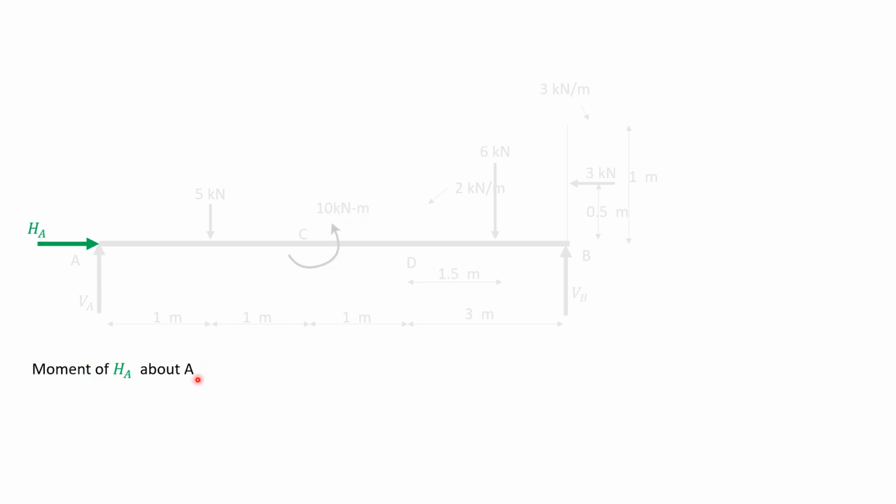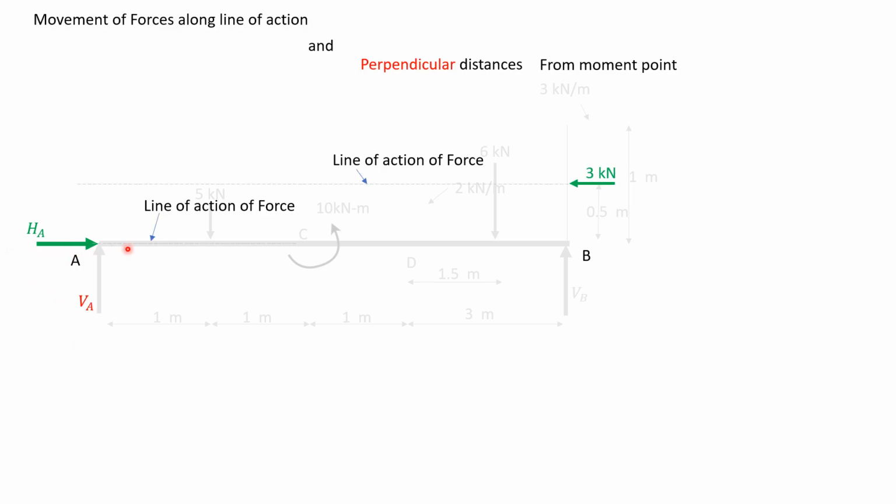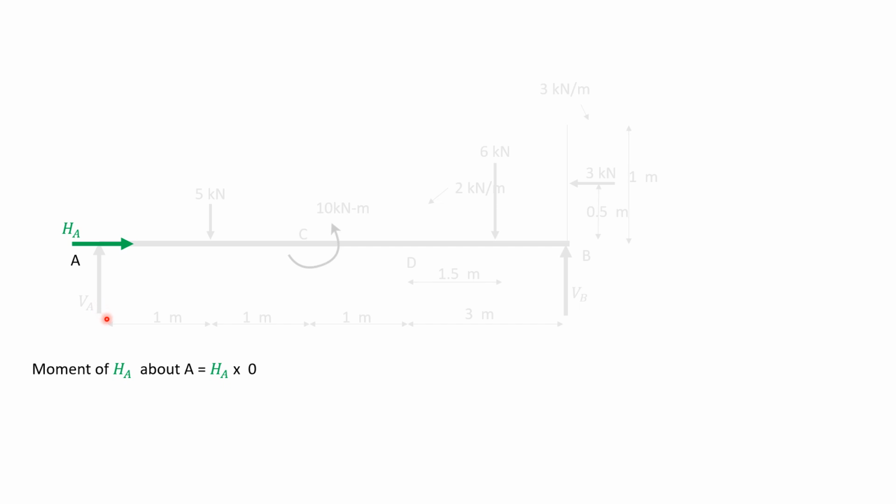Now taking moment of HA about point A, it will have a line of action like this, and it will pass through point A, so it will have 0 moment about point A. This 3 kilonewton force will have a line of action like this, and it will have a perpendicular distance of 0.5 meters from point A, and it will rotate anti-clockwise about point A. So 3 into 0.5.